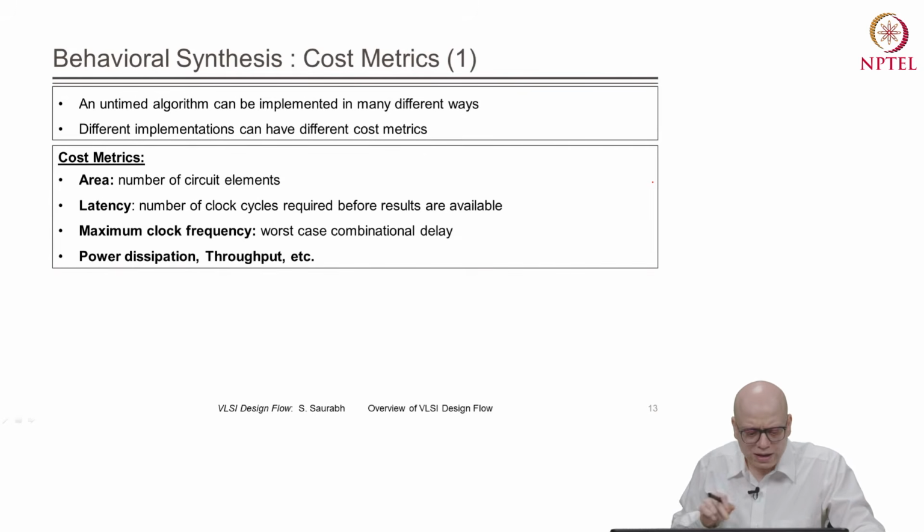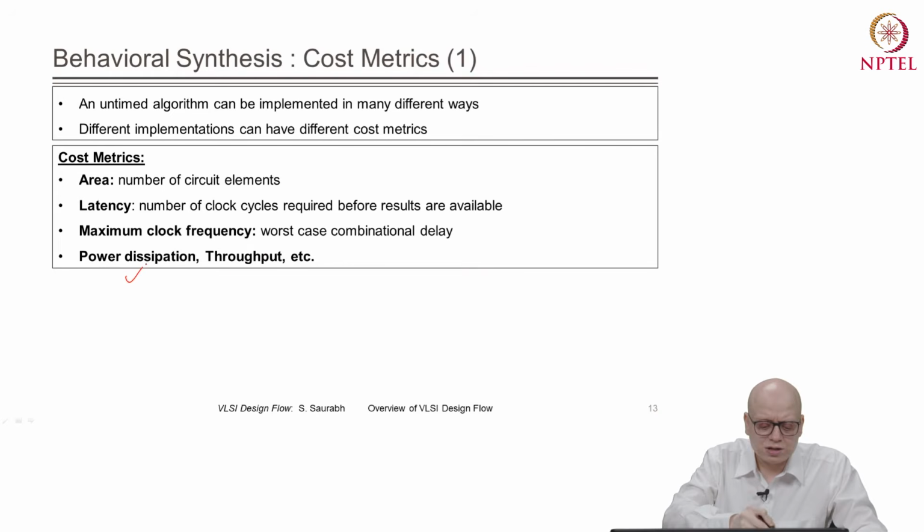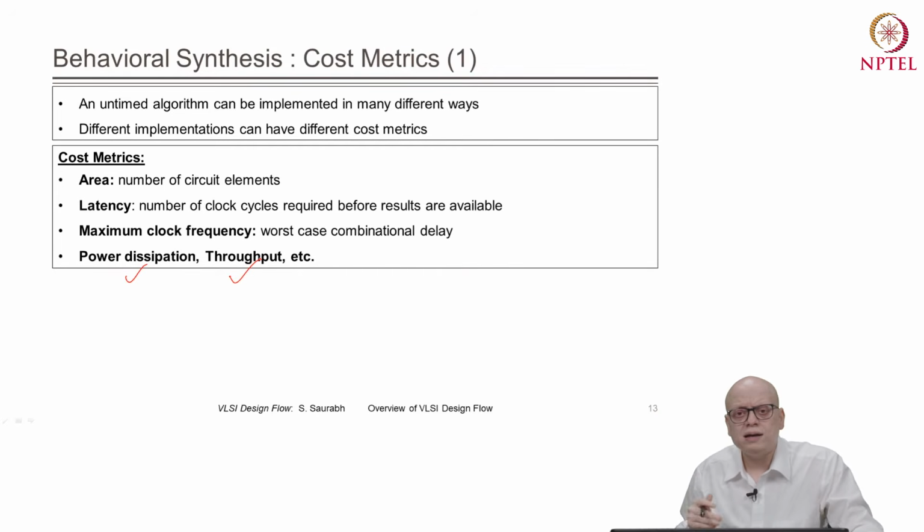And what could be the other cost measures? The other cost measures could be power dissipation, throughput, and there could be many other considerations that a behavior synthesis tool can account for while generating a solution.